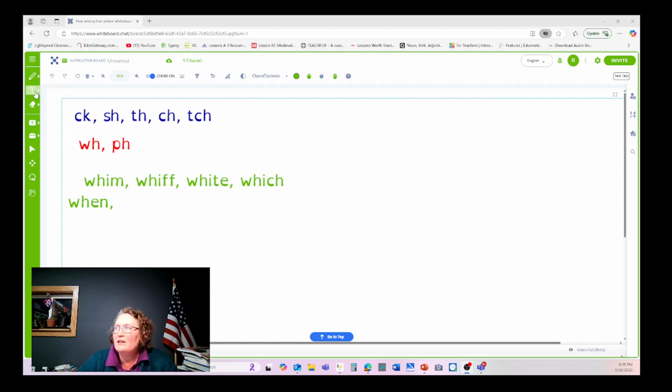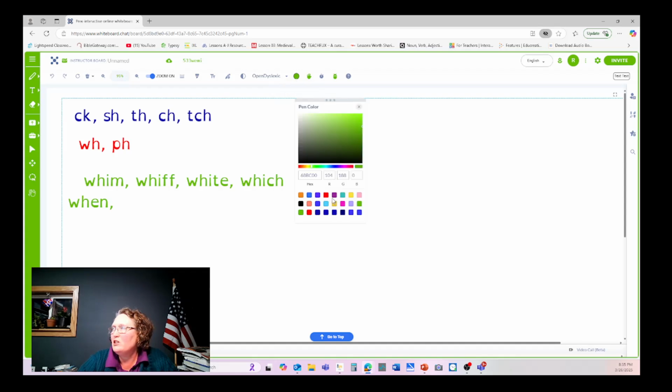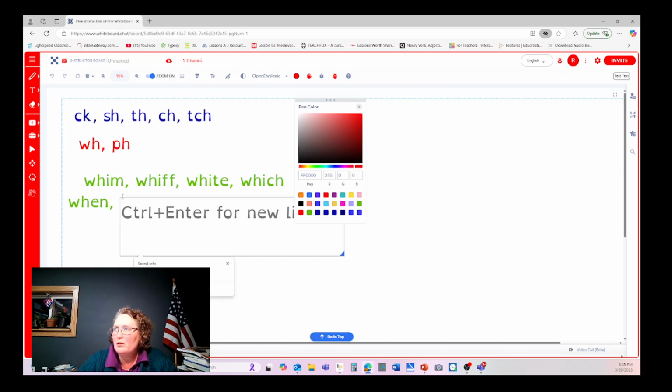But now let me add on some other words here. I'm going to change my pen color here. Okay. And I'm going to write the word graph. Graph. And phone.